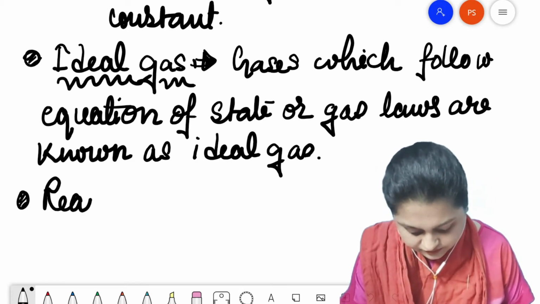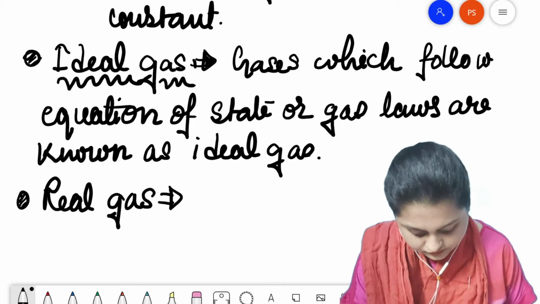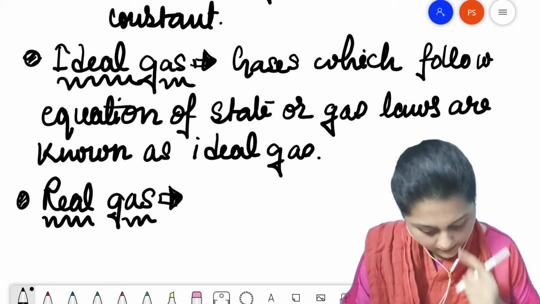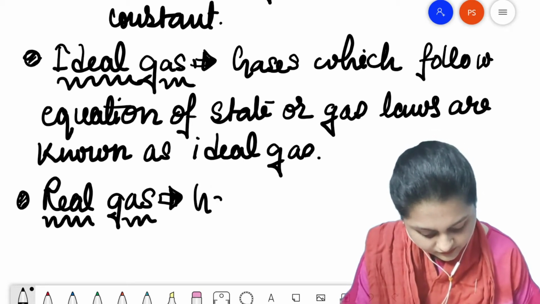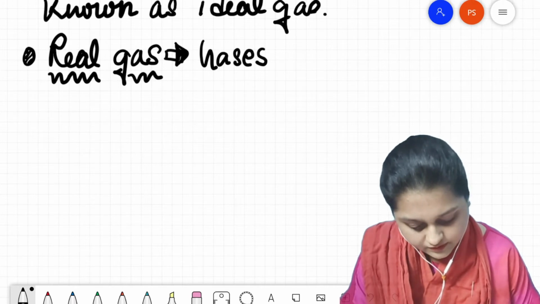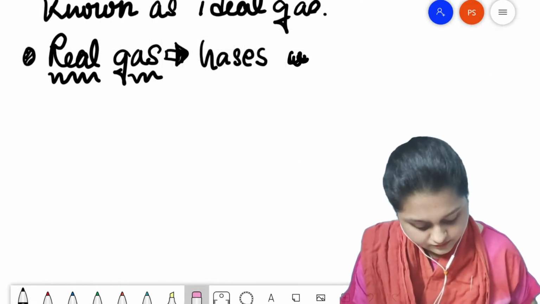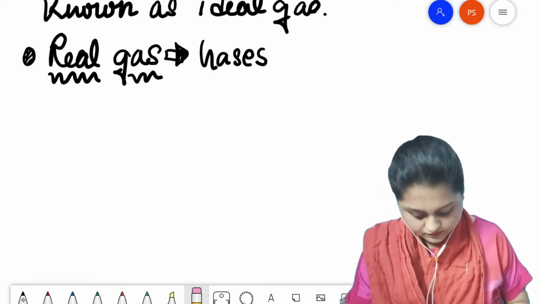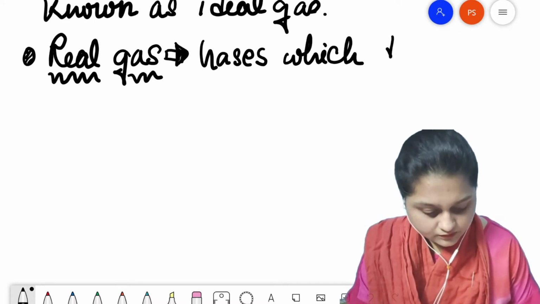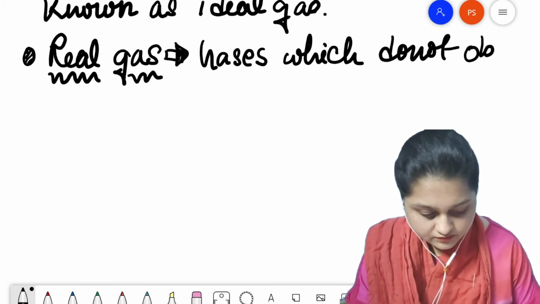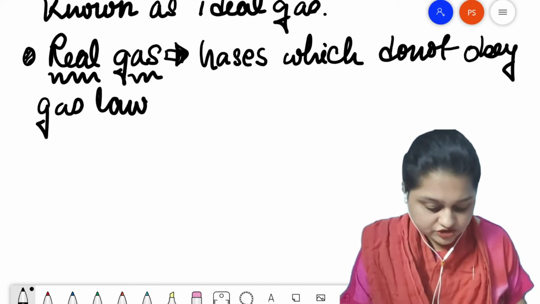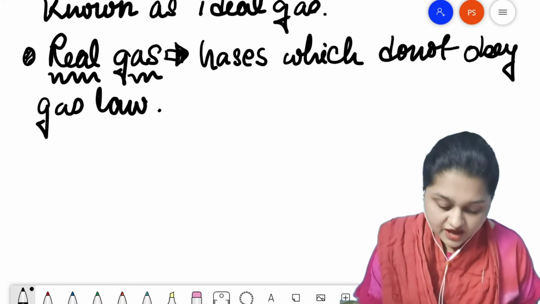By definition, gases which do not obey the gas law or equation of state are known as real gases.